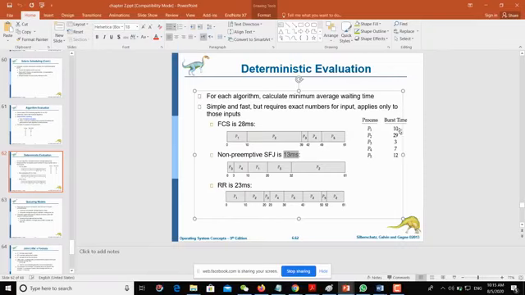Then P1 is the third shortest job, also executed within the 13 millisecond time slice. And then P5 is the fourth shortest job, 12, so it is also executed within the defined time slice, since 12 milliseconds is less than 13 milliseconds.